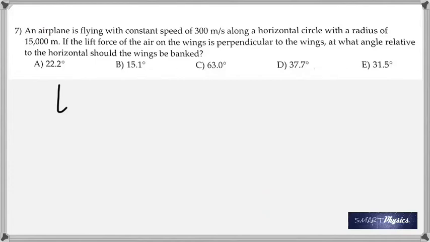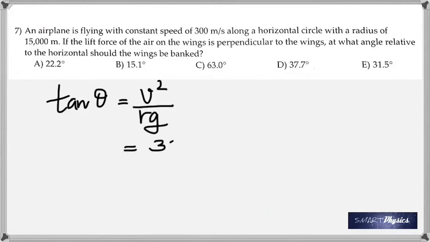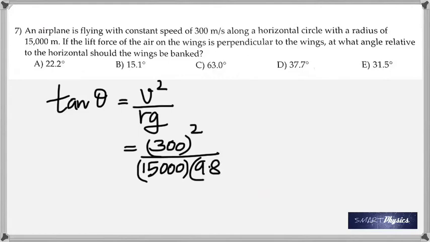And since it's making a circle, the force that keeps it going around in a circle is the centripetal force. And we also know that the angle of banking is given by tan theta equals v squared by rg. Velocity is 300, radius is 15,000, g is 9.8.